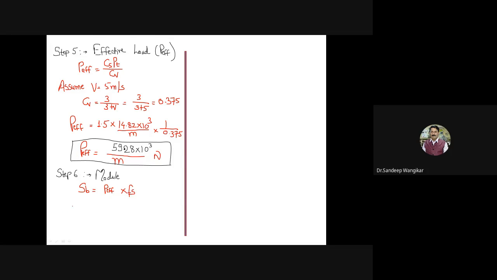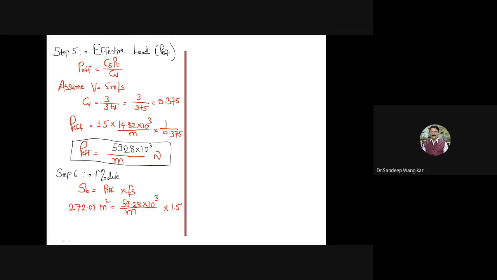So SB, 272.01 into module square is equal to 59.28 into 10 raised to 3 divided by module into 1.5. I have just substituted the value of SB and P effective.